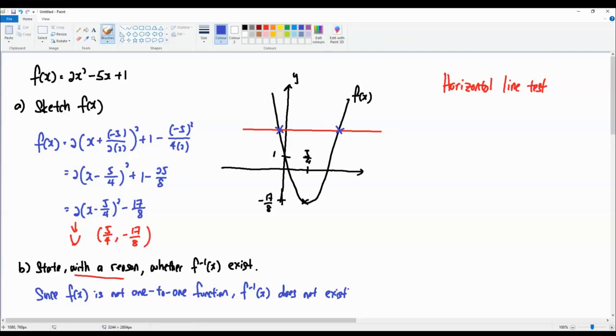So by applying horizontal line test, if the intersection of the curve with the horizontal line is greater than 1, this will imply that it is not 1 to 1.